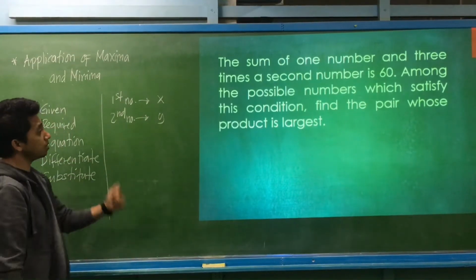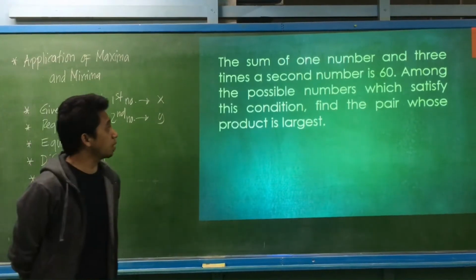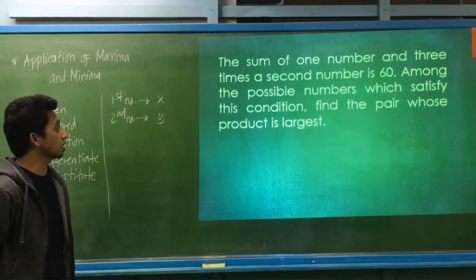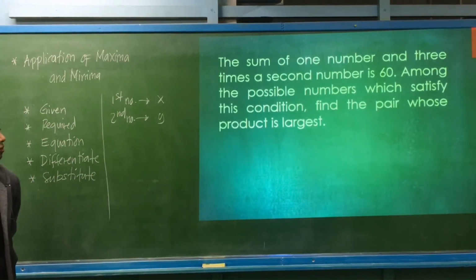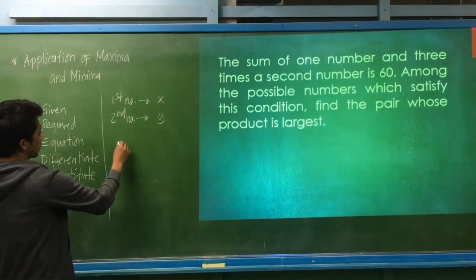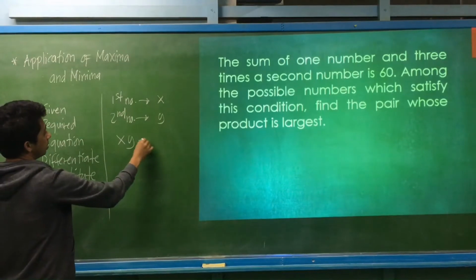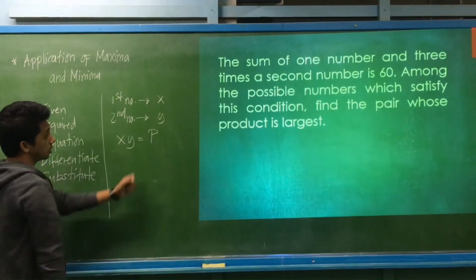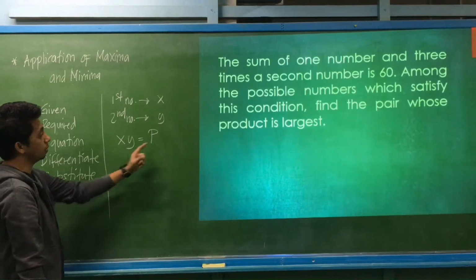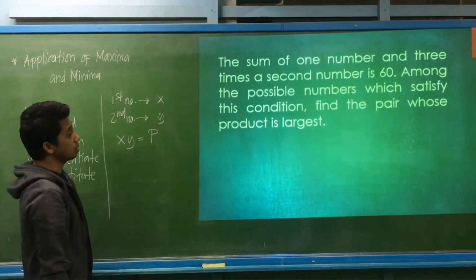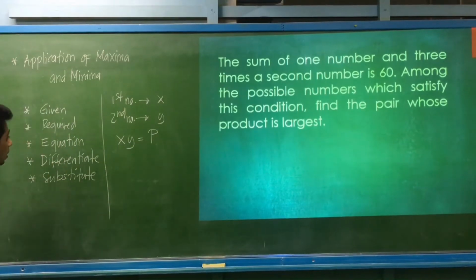What is required? Among the possible numbers which satisfy this condition, find the pair whose product is the largest. So the required is the product of these two numbers, x and y. Let's say that is the product. We are looking for these two numbers that will give us the largest product. Then we set up our equations.